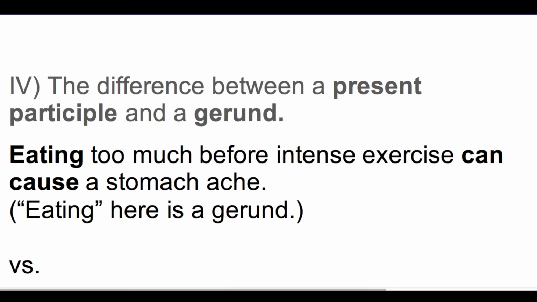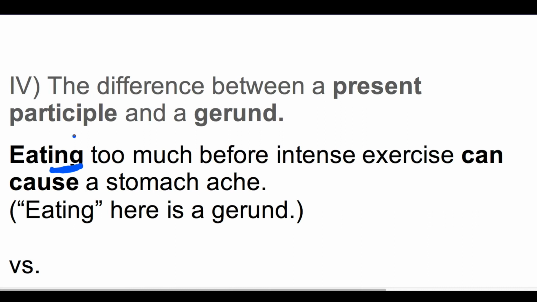So here's the first sentence. Eating too much before intense exercise can cause a stomach ache. Now, a couple of you are like, that sounds like a present participle. It has that ing at the end. Be very, very, very careful here. This is actually a gerund.